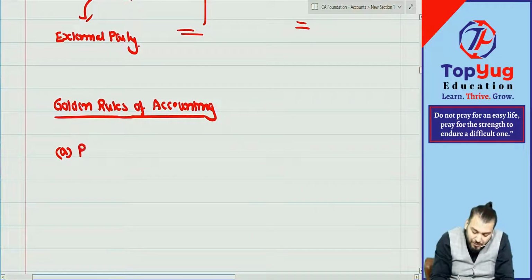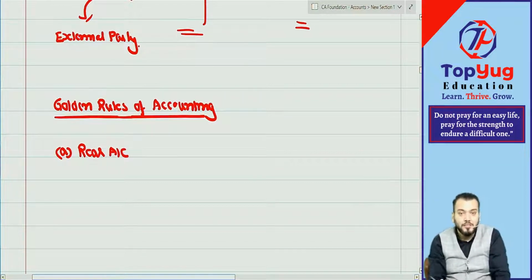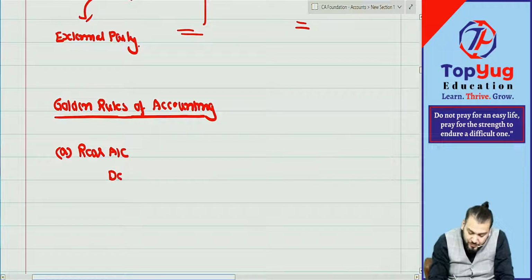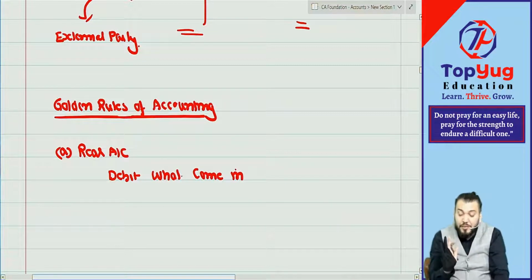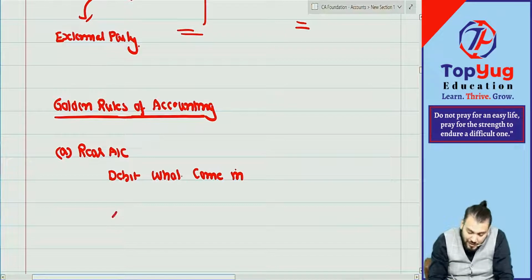So it can be a real account. Now you know what a real account is. So what is the rule? You tell me. Debit what comes in. Credit what goes out. Very good.